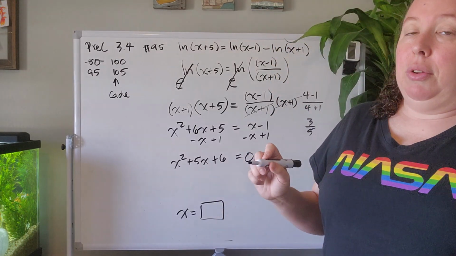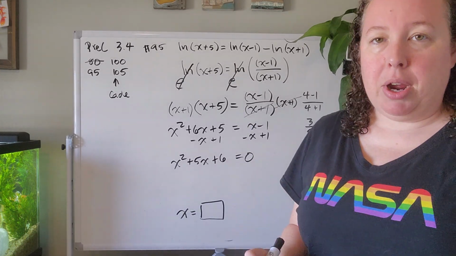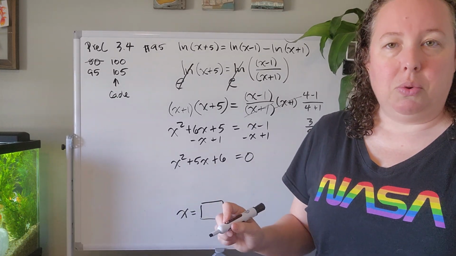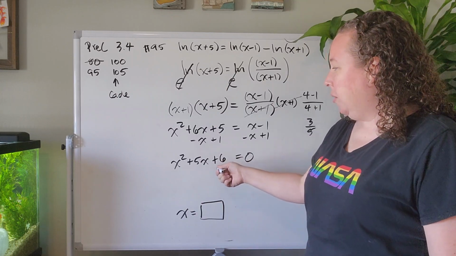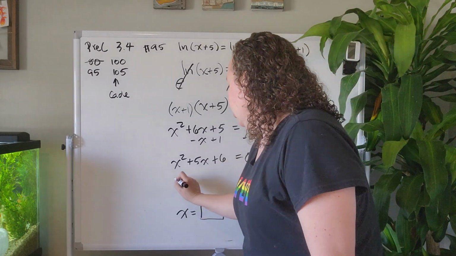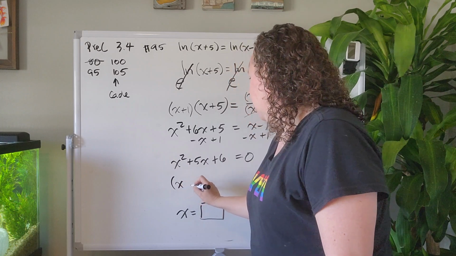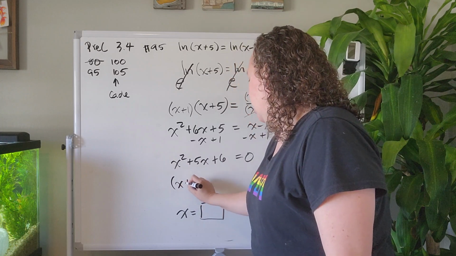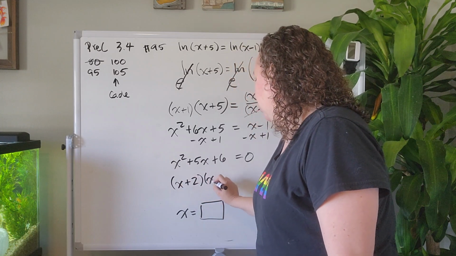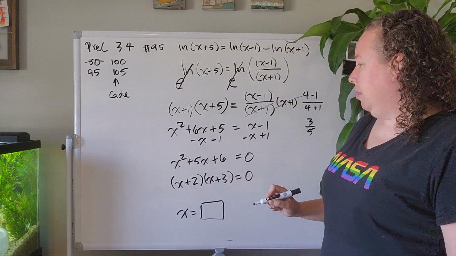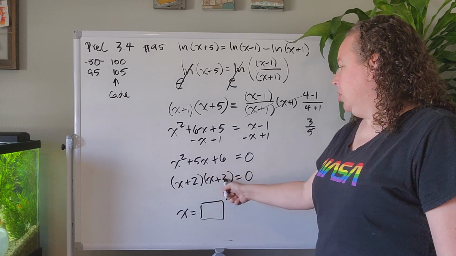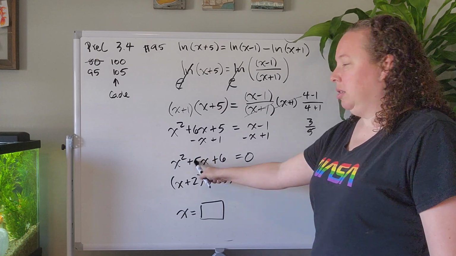Now, if we don't like factoring or we don't remember how to factor, we can always use the quadratic formula. In this case, though, this is definitely an equation that can be factored because we can just rewrite this as x plus 2 times x plus 3 equals 0, because 2 times 3 is 6, and 2 plus 3 is 5.